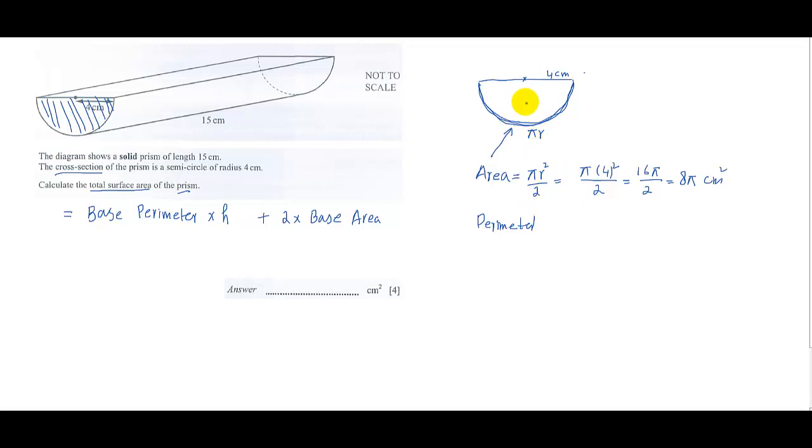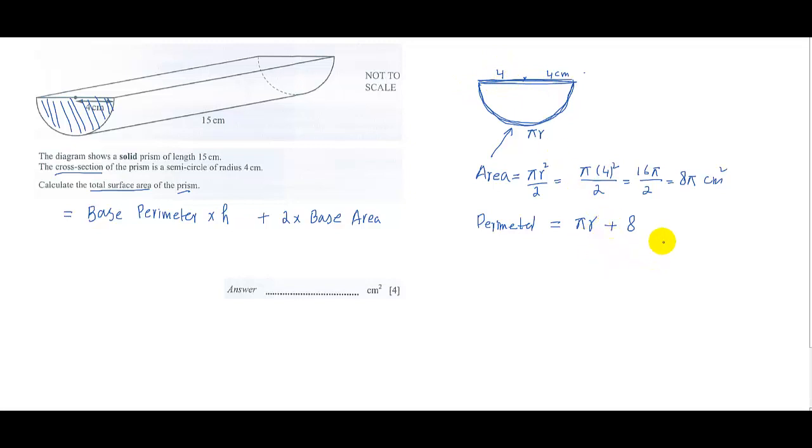So the perimeter of this semicircle is pi r, which is this length, plus this diameter. The diameter is 8, radius is 4, 4 plus 4, 8. So this is the perimeter.